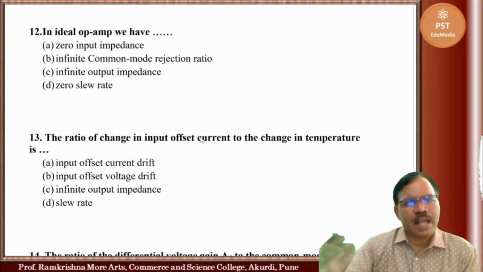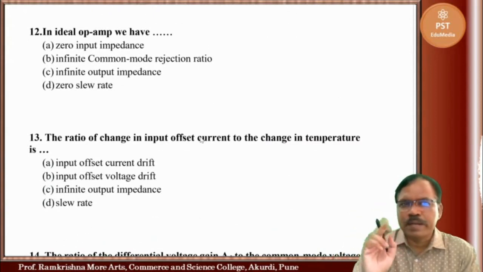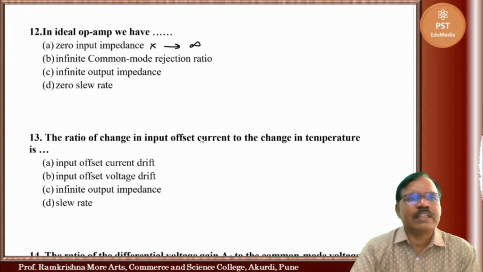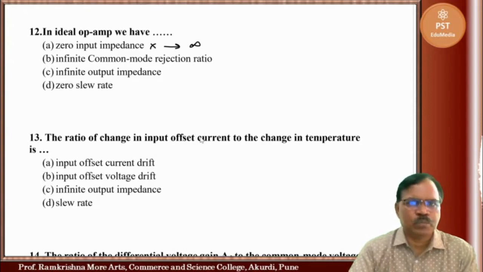Now in an ideal operational amplifier we have zero input impedance? No, it must be infinite. Infinite common mode rejection ratio. Now what is common mode rejection ratio?